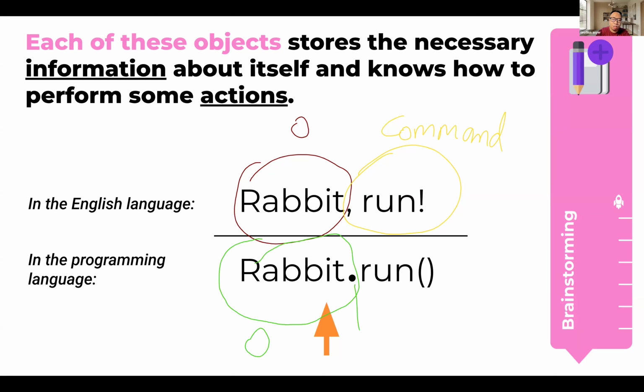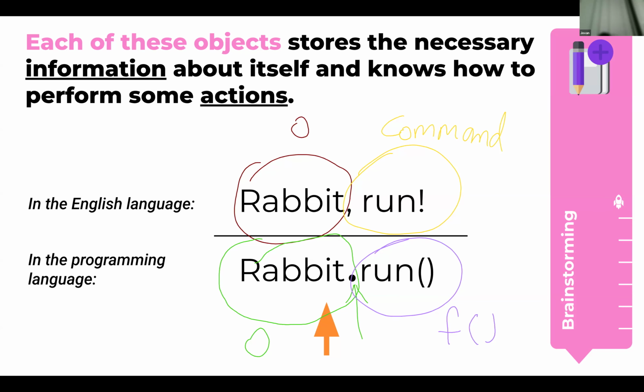Do you see the dots? This is what OOP is going to look like. And after the dots, you continue with the function or the command. Do you get it? Is there any questions so far?